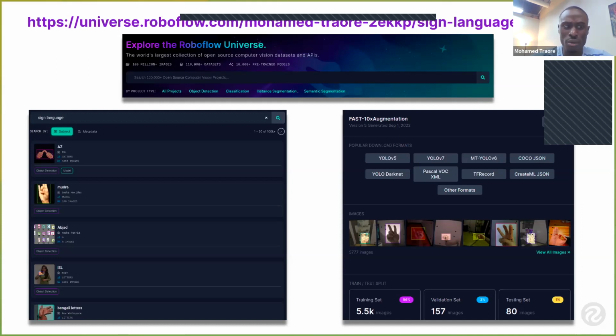And when you type in sign language, you do find a very, very long list of data sets. And the interesting thing was, not only did I find American Sign Language detection data sets, but also things such as Bengali letters, or the Israeli Sign Language, and Arabic Sign Language.